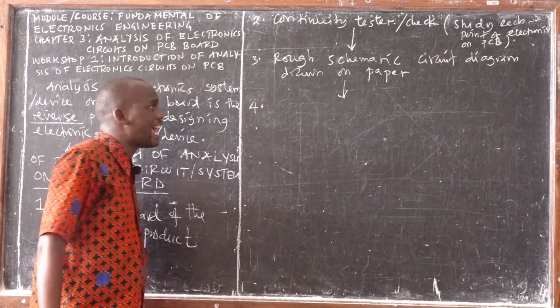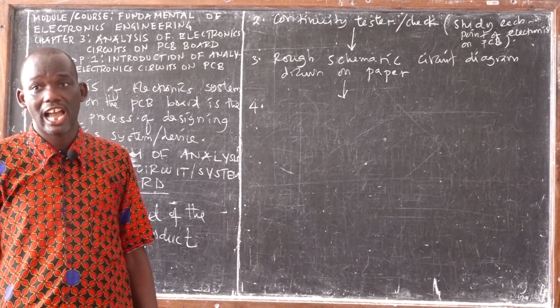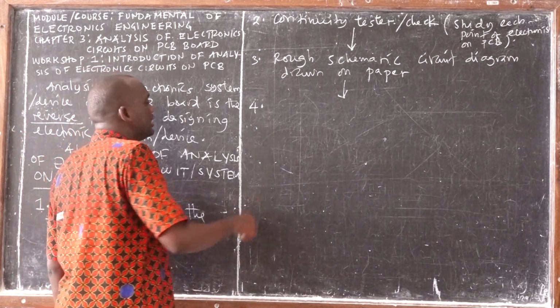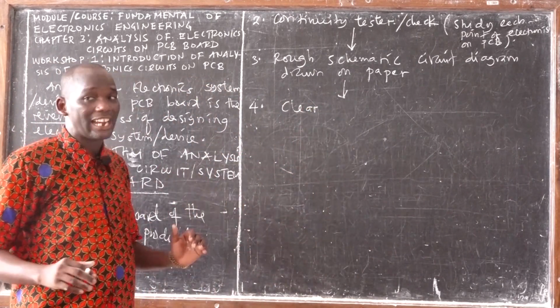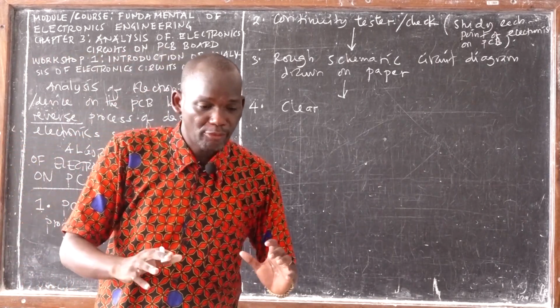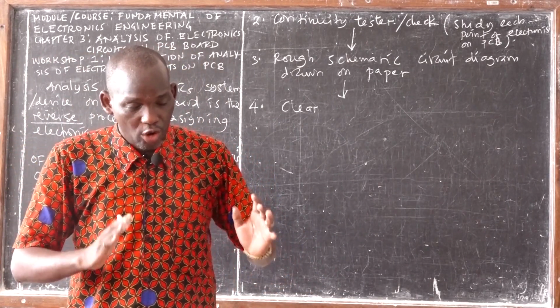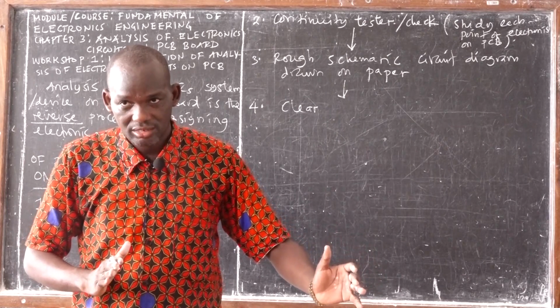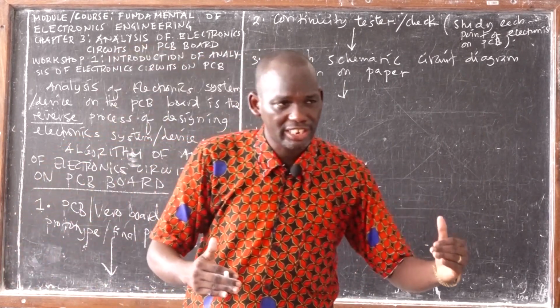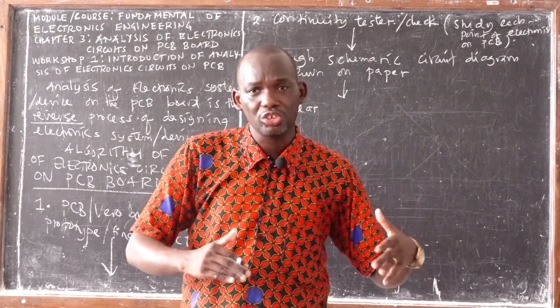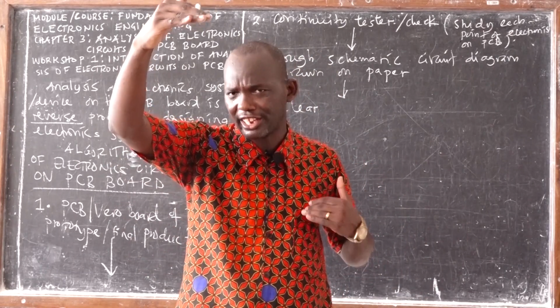Rough schematic circuit diagram. Then now we can use that rough schematic circuit diagram, because when you say rough, sometimes you might find that always the input is on the left hand side. But as you are doing the rough work, you might find that even the input or the sensor you may place on the top of the schematic circuit diagram.